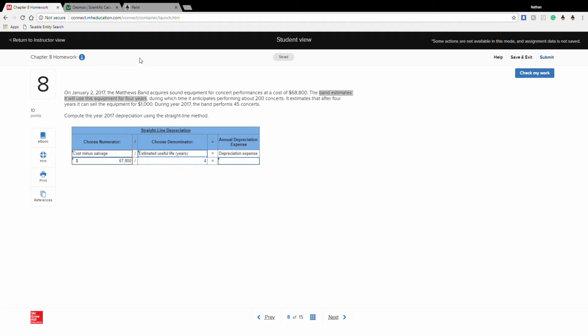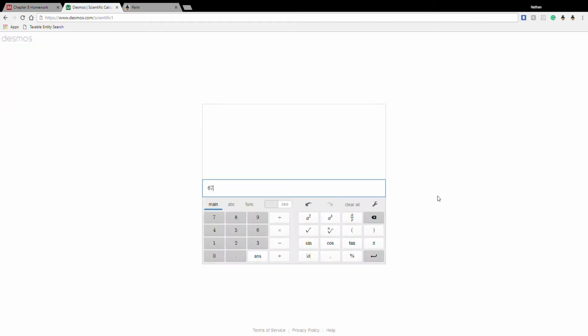Okay, so with that, let's do it in our calculator because Connect's not solving it for us this time around. So bring in 67,800 divided by that good old 4 years.